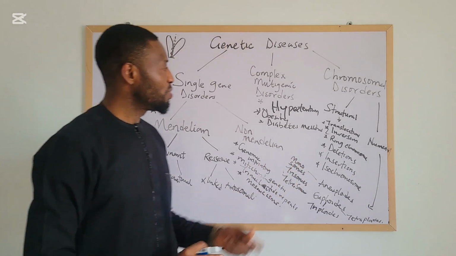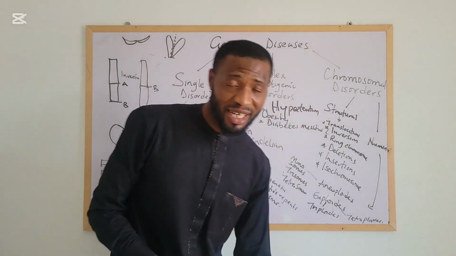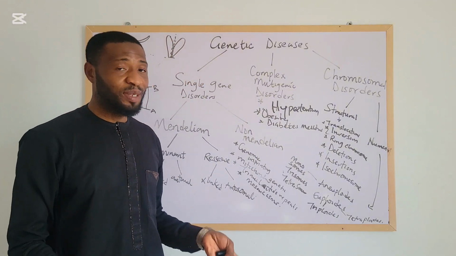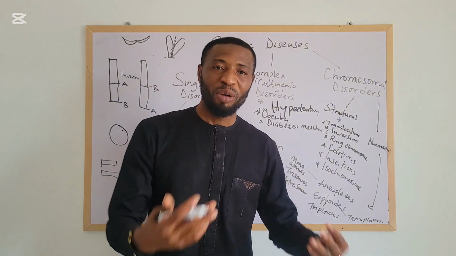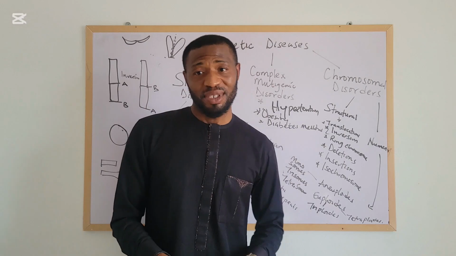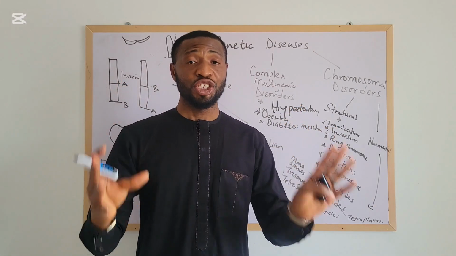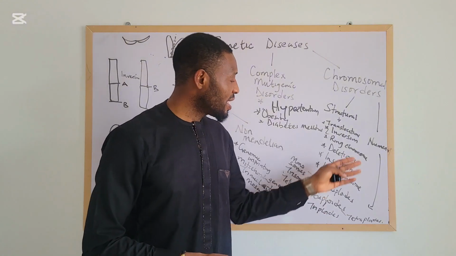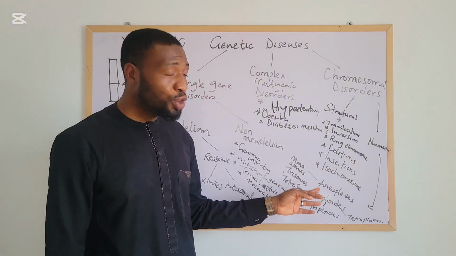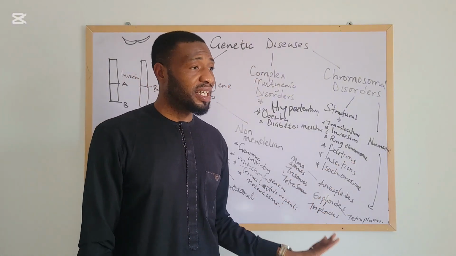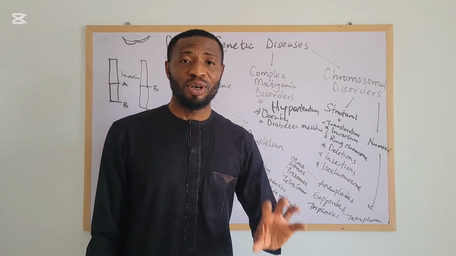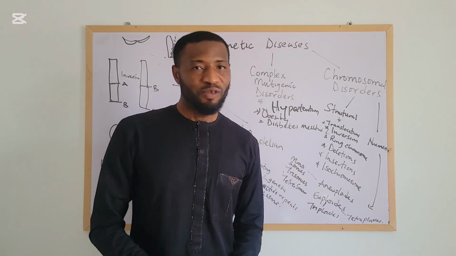And then of course, chromosomal disorders can also be numerical. Numerical disorders are simply an addition to the number of chromosomes in that cell. That means that the chromosome has an increased gene dose. And these numerical disorders can be divided into euploidies. Euploidy simply means that the chromosome number is in multiple of 23.